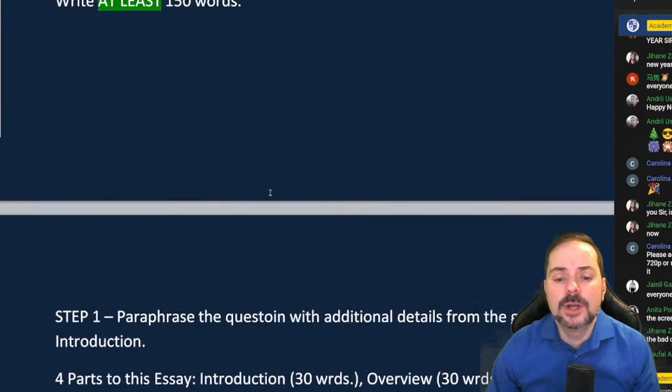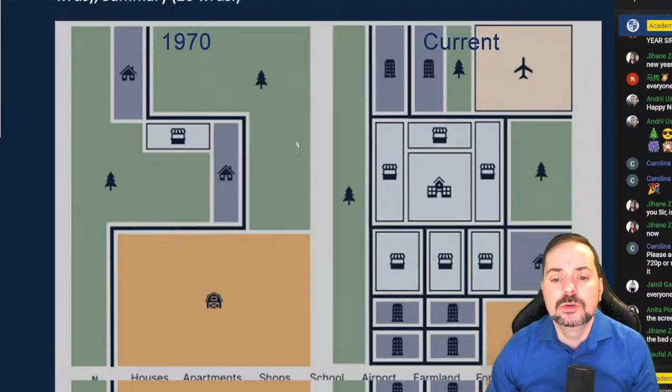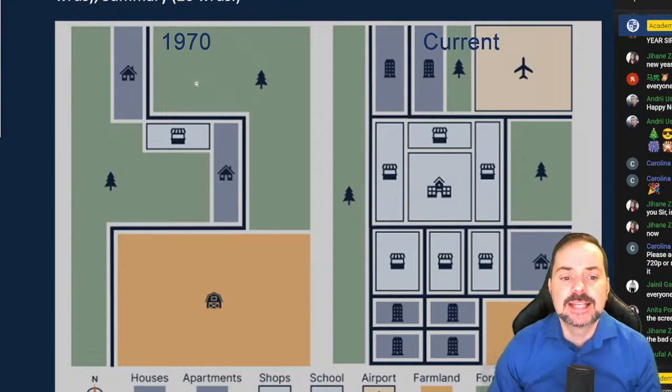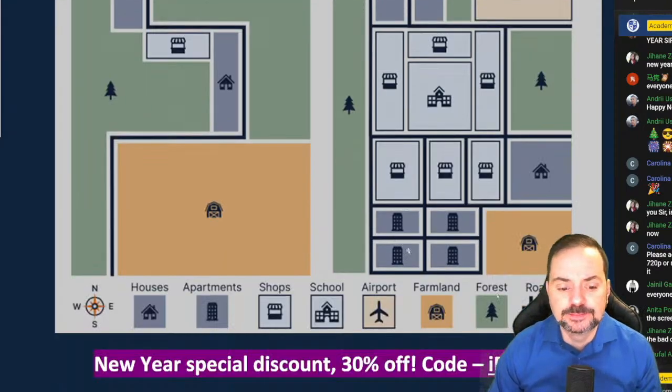Okay, so we want to paraphrase that, but we want to look at the maps or blueprints here, if you will. And then we can see that on the left side we have 1970, and we've got these features here. And then on the right side we have the current map, and we've got these features here.